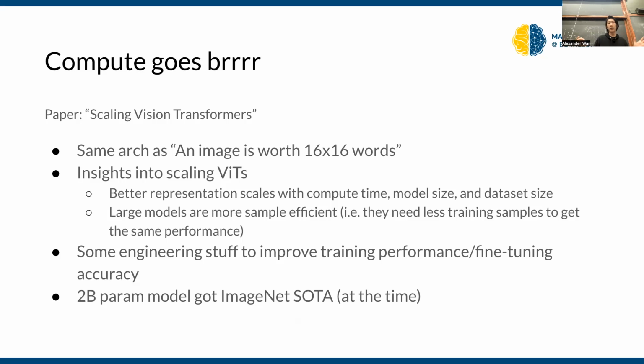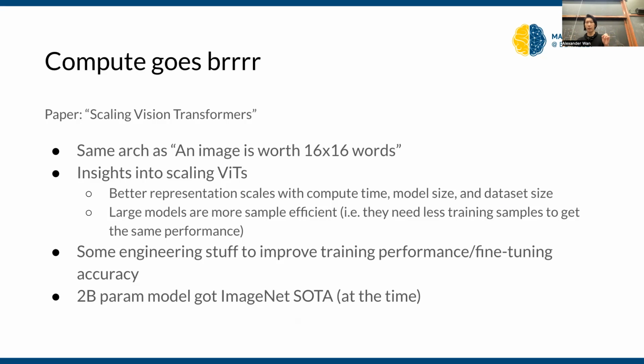So what they found is that better representation scales with compute time, model size, and dataset size. So if you scale those things at the same time, then you perform better, which is maybe a bit of an obvious result. But another thing is that large models are also more sample efficient, so they need fewer training samples in order to get the same performance, right?